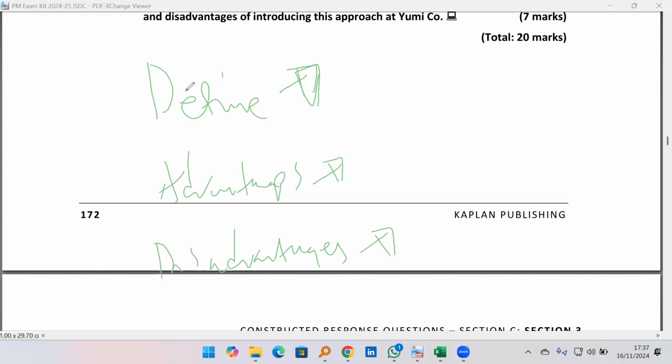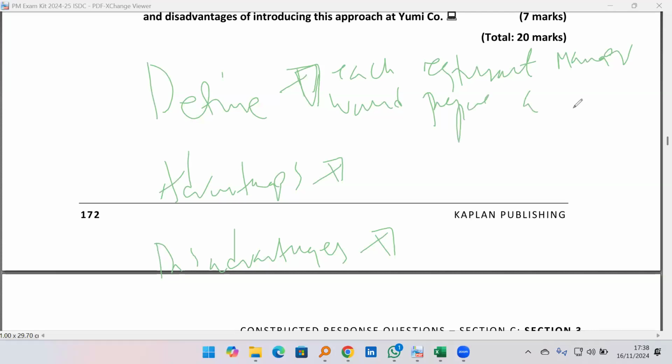So in the participative approach, here you'd say that each restaurant manager would prepare a budget and send it to headquarters.